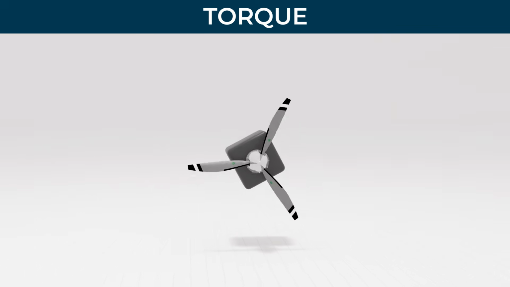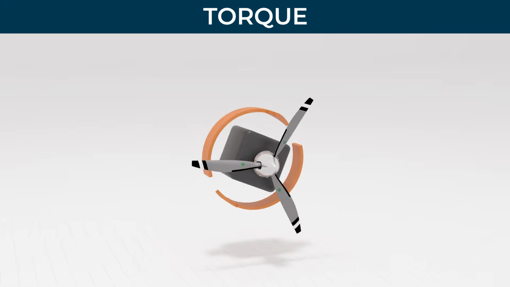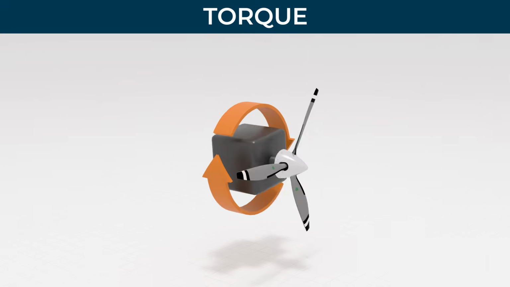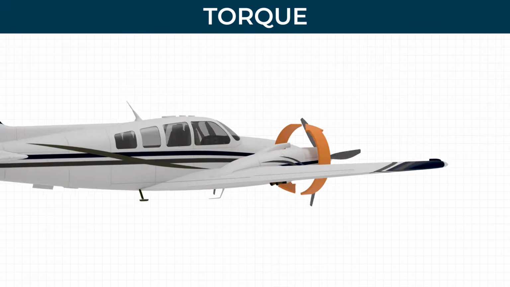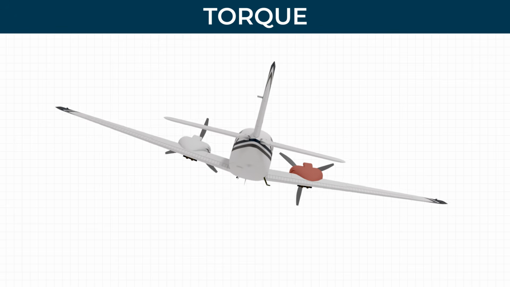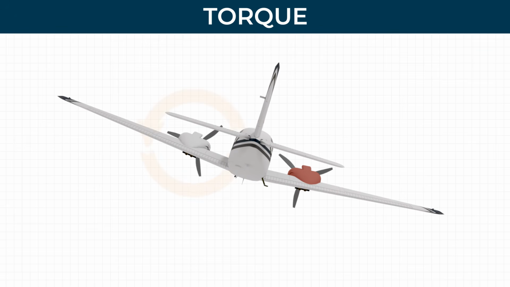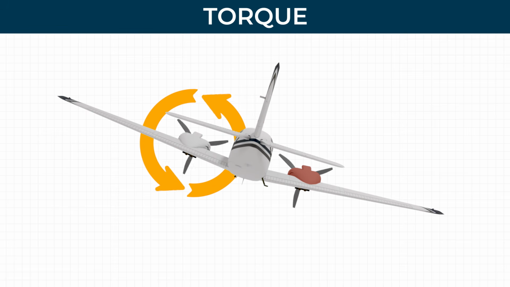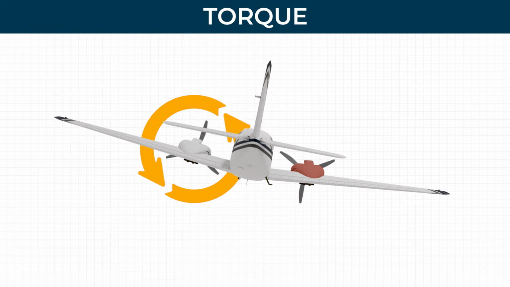Torque is the tendency for the aircraft to roll in the opposite direction of a spinning propeller. If the right engine fails, the aircraft will yaw and bank to the right, but the torque from the left engine is actually helping counteract the right roll by trying to roll left.